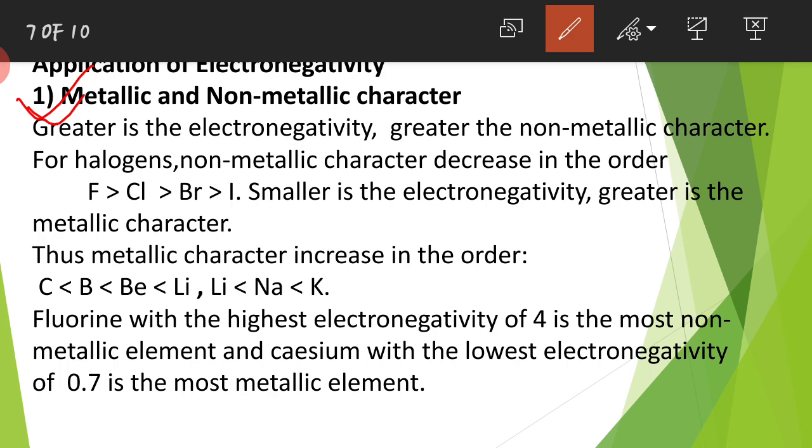Smaller is the electronegativity, greater is the metallic character.